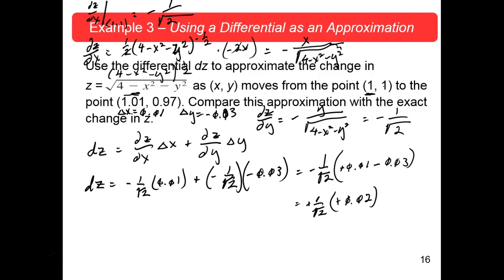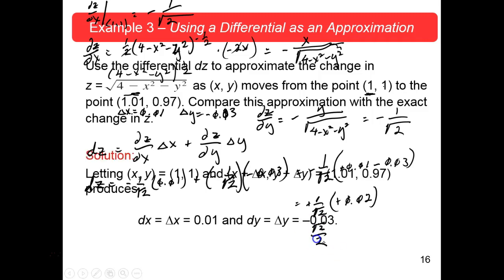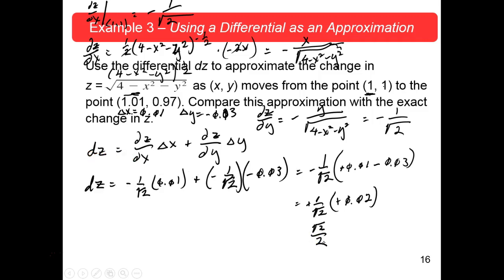You can either plug that in a calculator or, as they did, which is rather strange, rewrite this as square root of 2 over 2, which is what 1 over root 2 is, times 0.02, and this 2 will cancel and make this a 0.01. So root 2 is 1.414.